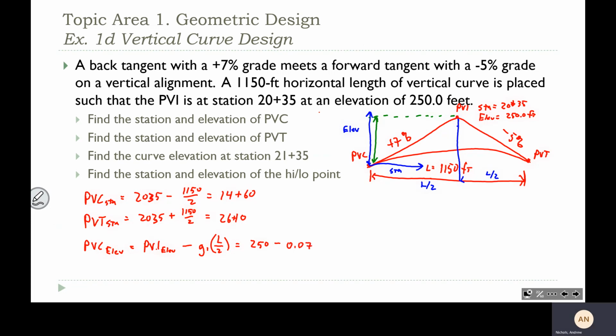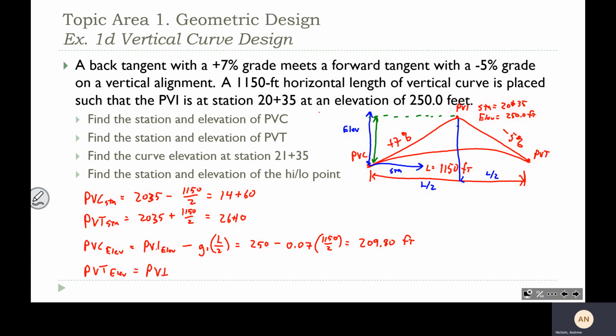So use some common sense. So 0.07 times 1150 over 2. So that seems reasonable.